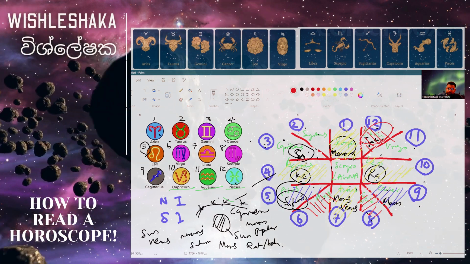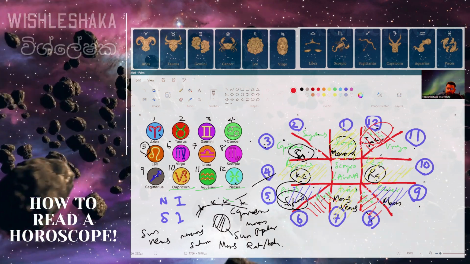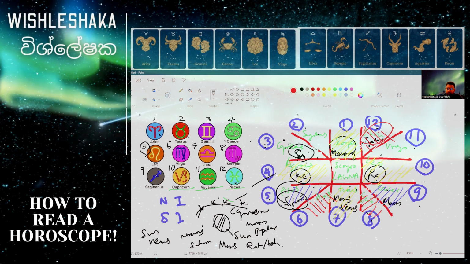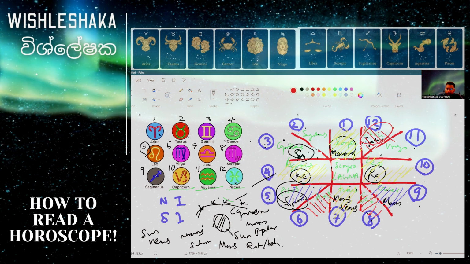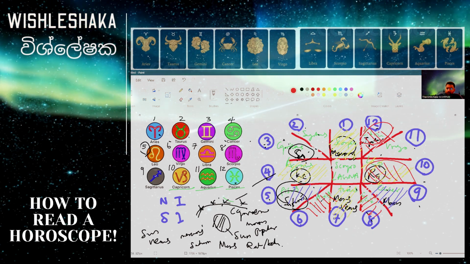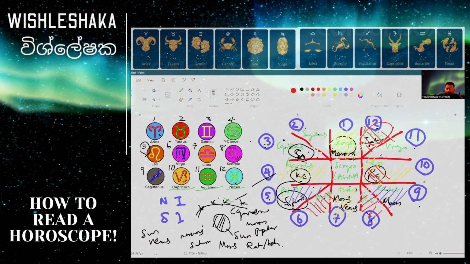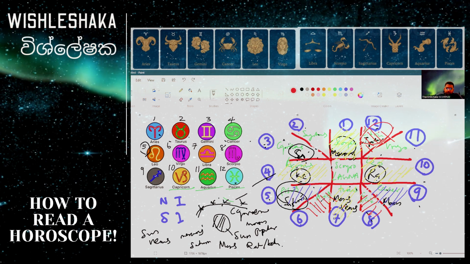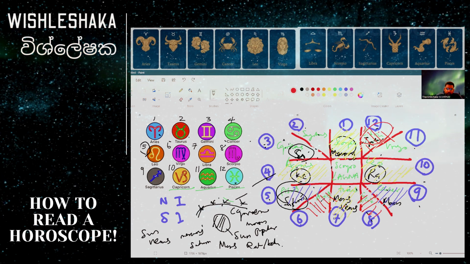Recently we had this president in Sri Lanka. He couldn't win many elections the first time. His 10th lord is debilitated. The 10th lord is a pretty important planet to win elections, to be president.